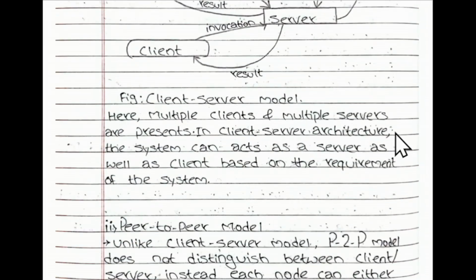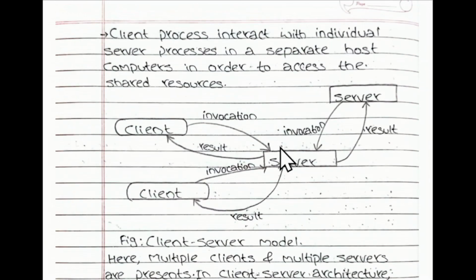In client-server architecture, a system can act as a server as well as a client based on the requirement of the system. Here this server is also acting as a client: this server is requesting another server and that server is giving the result. Sometimes a server will also act as a client.